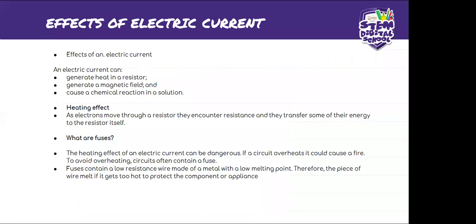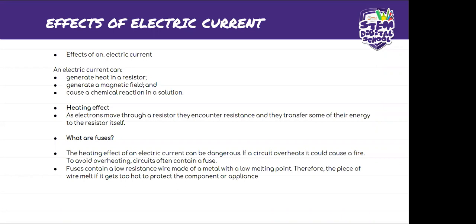An electric current can generate heat. After some time, if the bulb is on and you touch it, there is heat. So the effect of that electric current is the generation of heat. Another effect is that it can generate a magnetic field, and another is that it can cause a chemical reaction in a solution. Okay, so let's look at them.